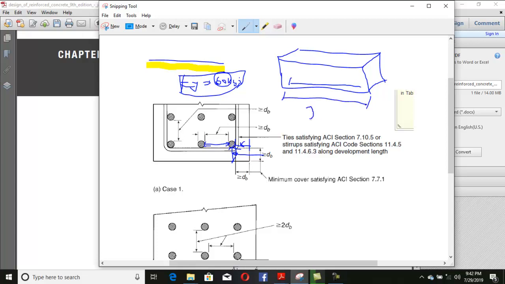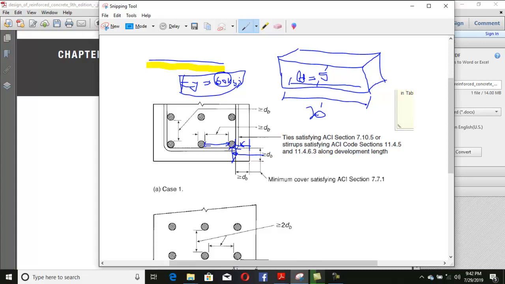For example, let's say the span length is 20 feet, and I design the development length, denoted by LD, as 5 feet. A development length of 5 feet means that the steel bar, for a distance of 5 feet, must be inserted into this concrete to develop the yielding stress at which you designed that beam.